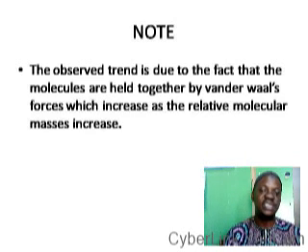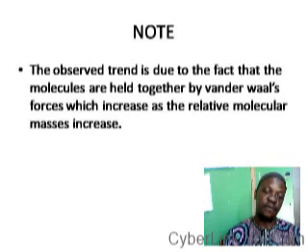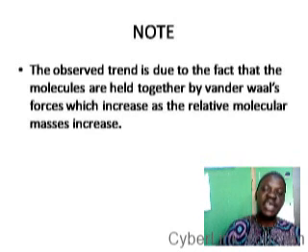And in all cases of the halogens that we are talking about, the molecules are held together by van der Waals force. There's one property of van der Waals force that you have to understand. When the molecules are small, the van der Waals force is weak. The van der Waals force increases with the size of molecules.